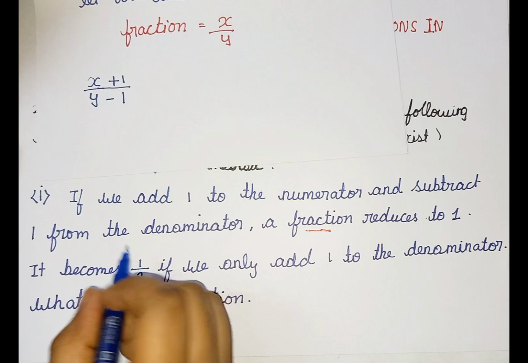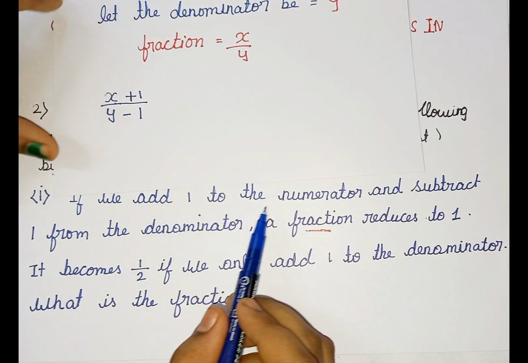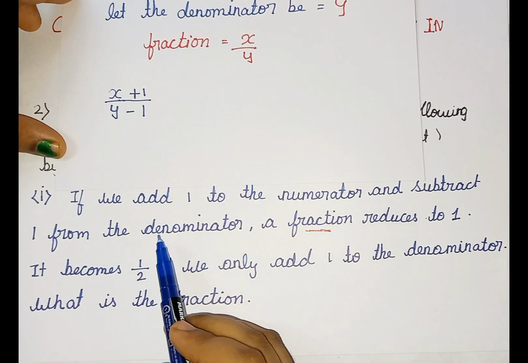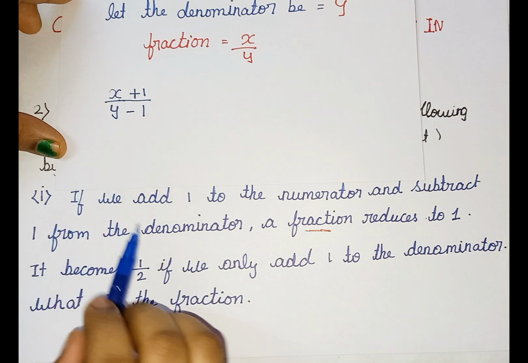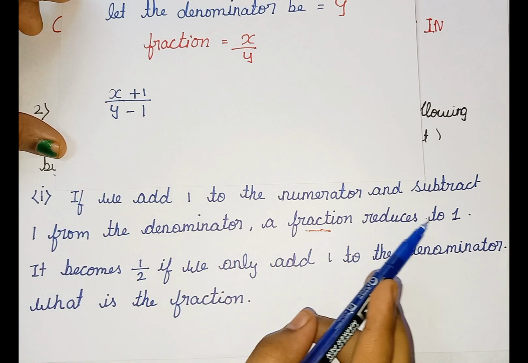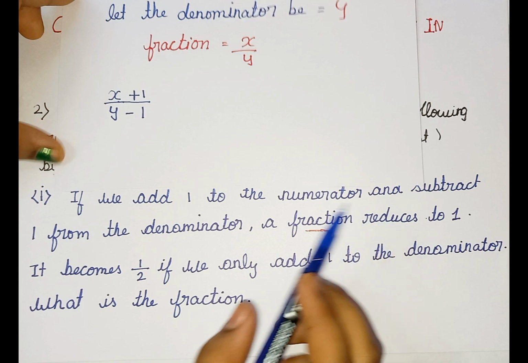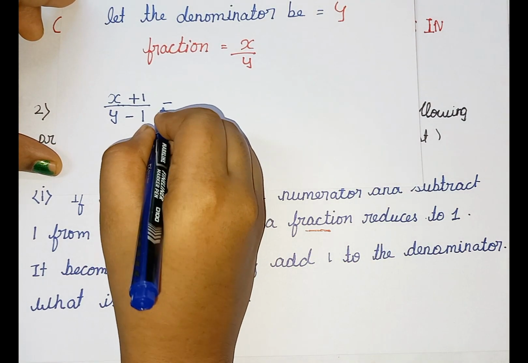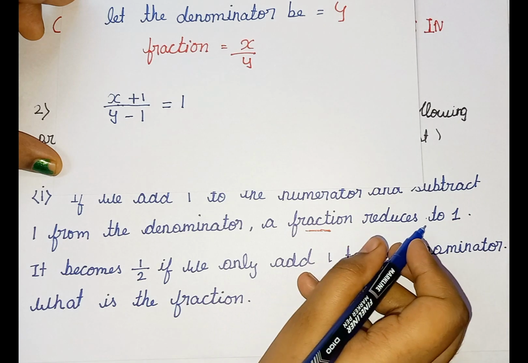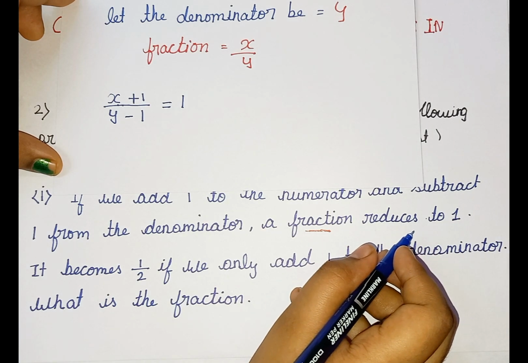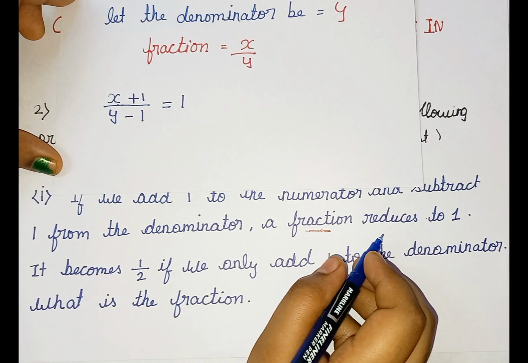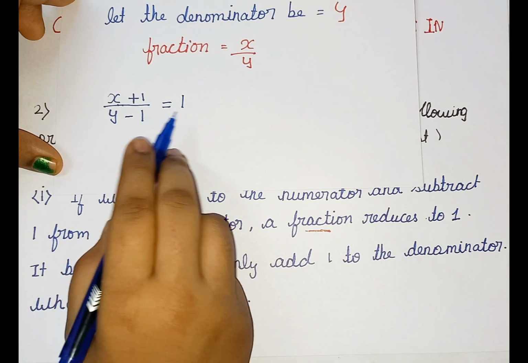This is what is mentioned, right? So a fraction reduces to 1. What is the meaning of a fraction reduces to 1? It means equal to 1. Don't think we are supposed to subtract or do something else. Reduces to 1 means is equal to 1.